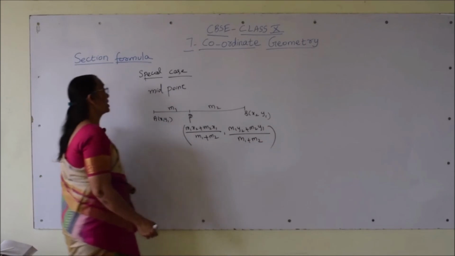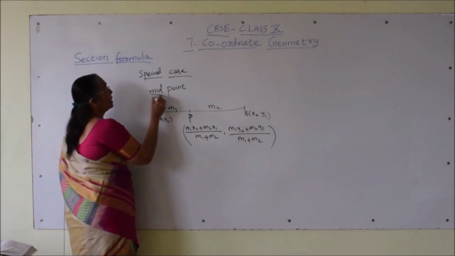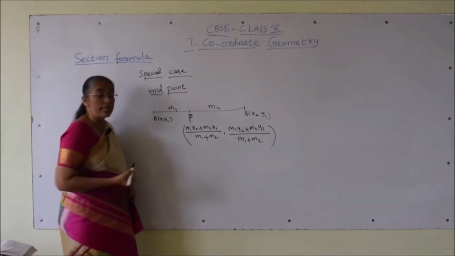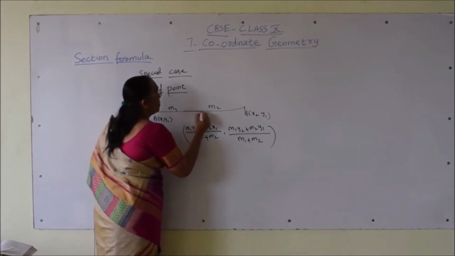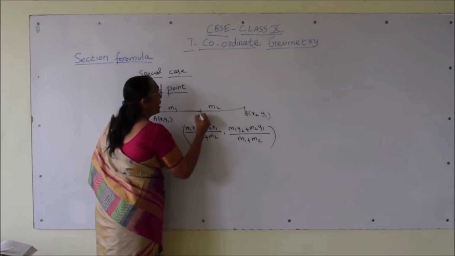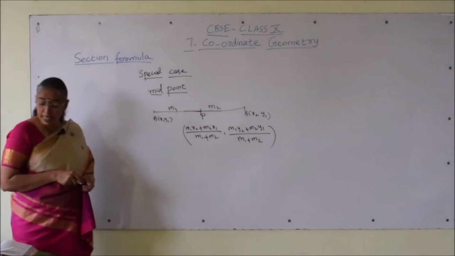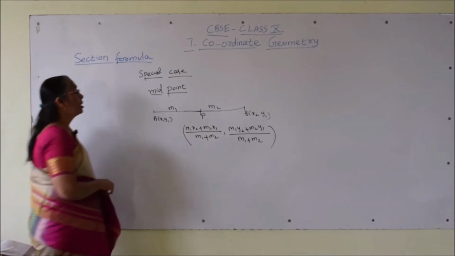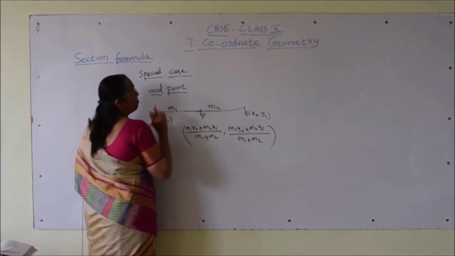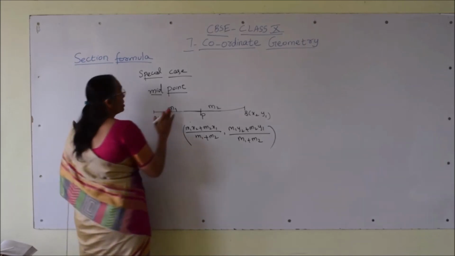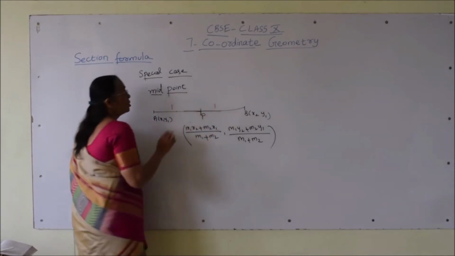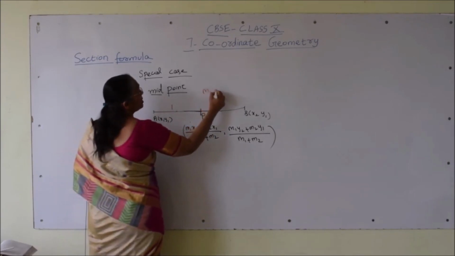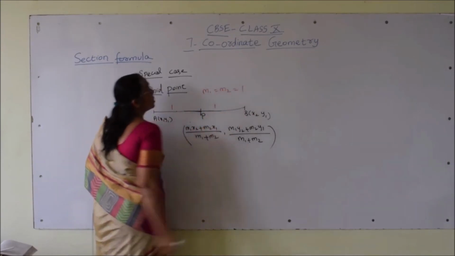Now let us see what the special case is. From the word midpoint itself we can understand that the point P is a mid value, exactly the midpoint between A and B. So what happens if P is the midpoint? The ratio m1 and m2 are the same, so the ratio becomes 1:1. So we can equate m1 equal to m2 equal to 1.